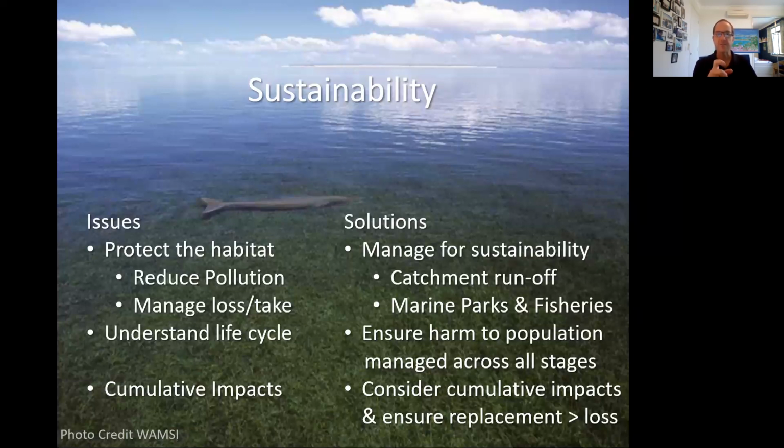The harvest: how many animals can you take out of a population each year before you've taken too many? But that's going to be impacted by how many individuals are added to a population through natural recruitment processes. How fast are the animals growing, and how long does it take for those animals to reach reproductive ages themselves?